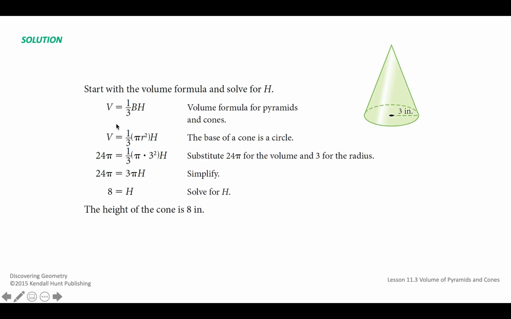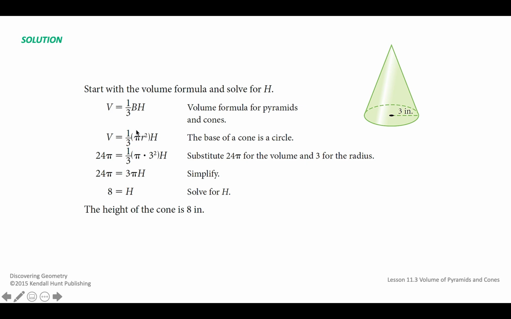So volume is equal to 1/3 times the base area times the height. And let's fill in the things we do know. The base is a circle, and so we're going to use the formula for the area of a circle when we are finding B, the base area. So instead of writing it as the base area, because it's a circle, we can write it as pi r squared.